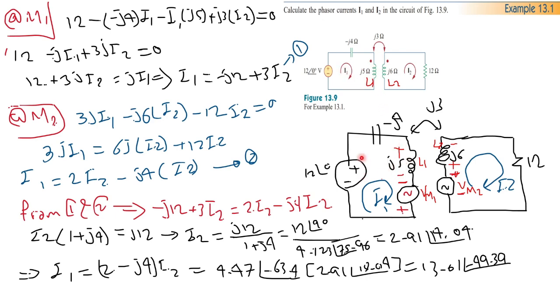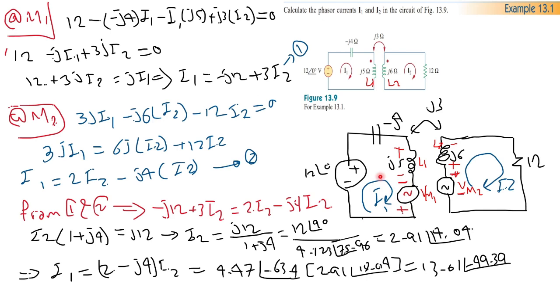The current I1 is flowing in this direction. L1 has a voltage drop, meaning this is positive and here is negative. Since Vm, the mutually induced voltage on L1, is in reverse polarity to the self-induced one, this would be negative and this would be positive, meaning it's a voltage rise.